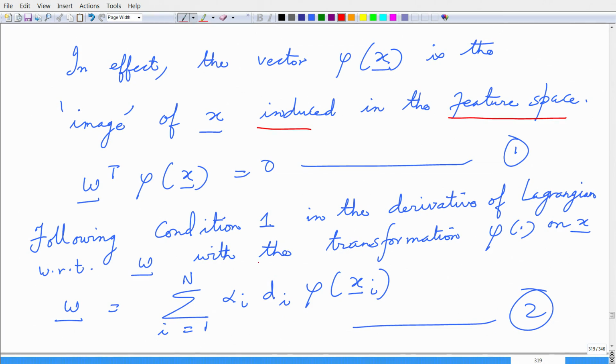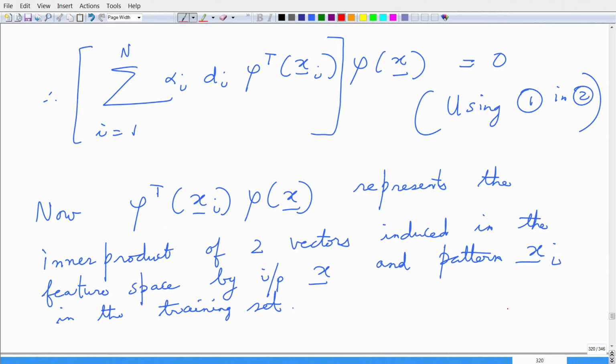So that is what we have straightforwardly from condition 1 in the derivation of the Lagrangian. By using this nonlinear transformation on xi, we will end up with the weight vector W to be summation i equals 1 to n alpha i di times phi of xi. Notice this detail. I call this equation 2.